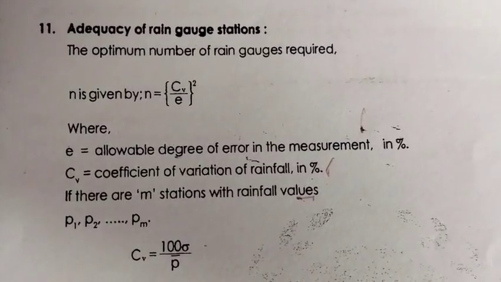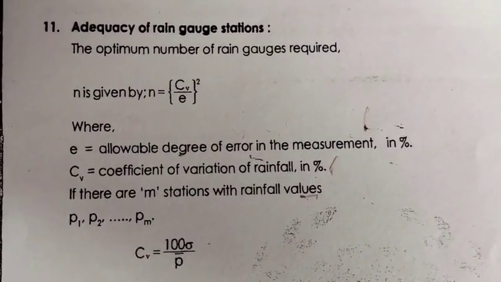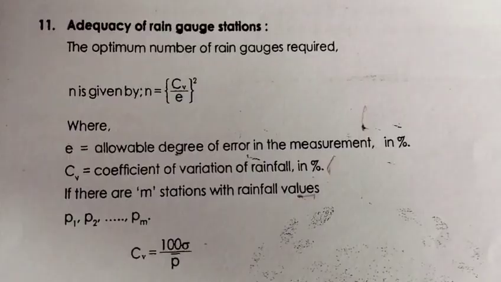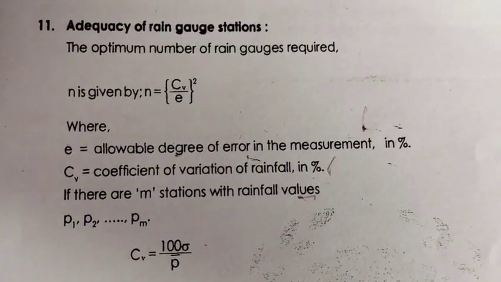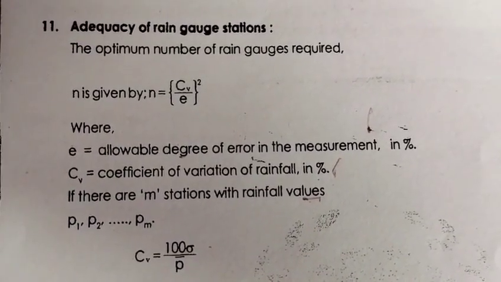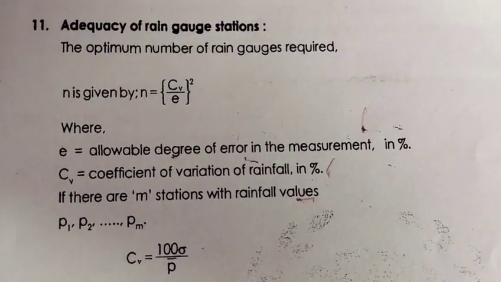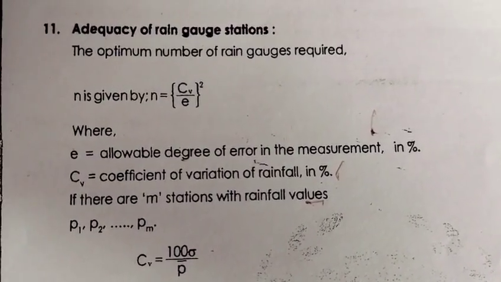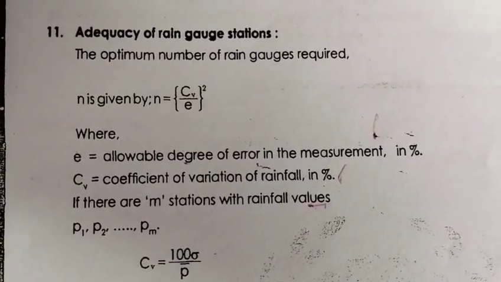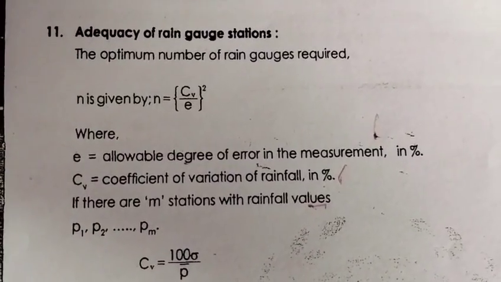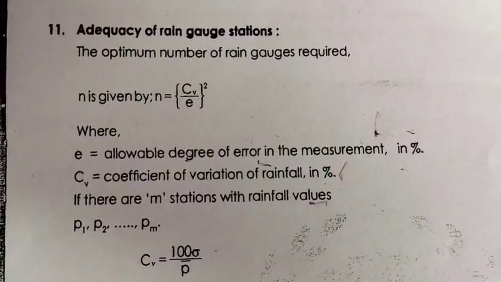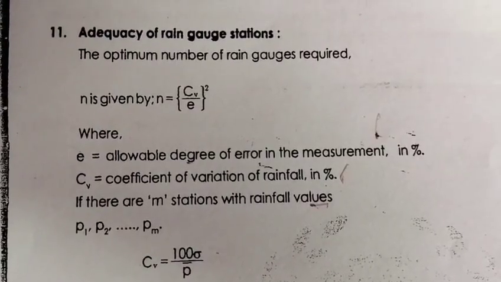So the formula is n is equal to (CV upon E) bracket raised to 2, wherein CV is the coefficient of variation of rainfall in percentages, and small e is the allowable degree of error in the measurement of the precipitation, that is also in percentages.